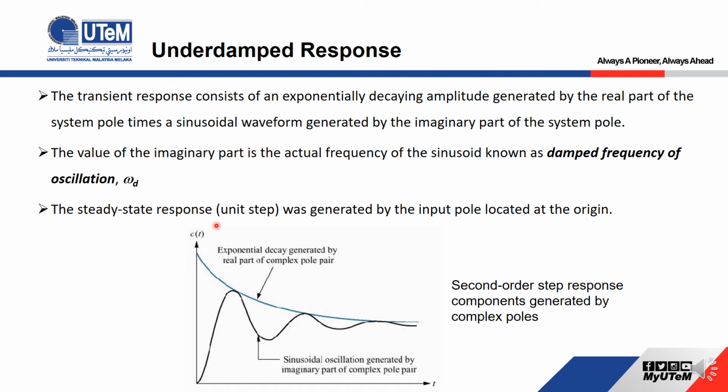The steady state response to the unit step was generated by the input pole located on the origin. This is the exponential decay generated by the real part of the complex pole pair, and this one is a sinusoidal oscillation generated by the imaginary part of the complex pair.